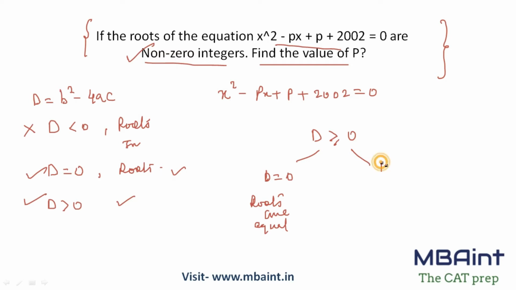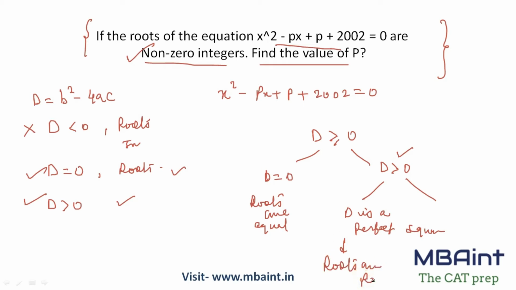Now if D is only greater than 0, here also you might have two cases. When D is a perfect square, the roots will be rational, and this case is also possible here, because it says non-zero integer.